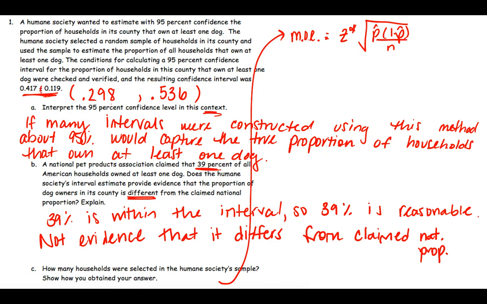So here's my margin of error, the 0.119. Z star for 95% confidence is 1.96. And again, I can get that from table A or Staplet. And then p hat is the 0.417.